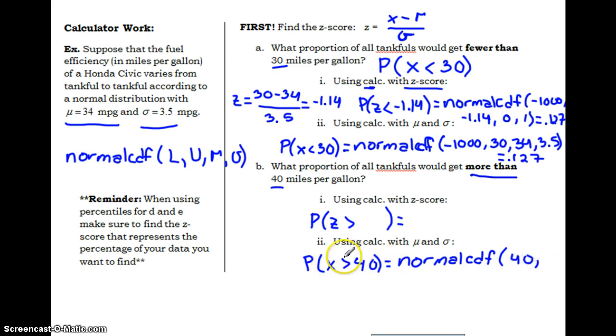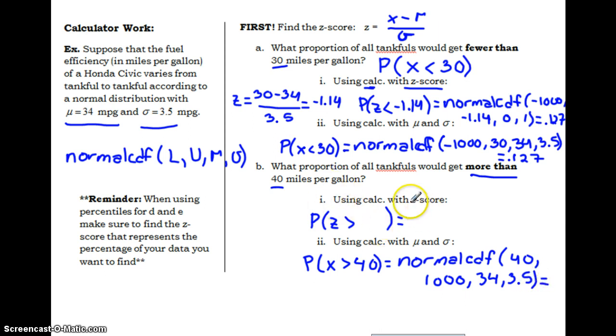And how much higher can I go than 40? I can go up to infinity. So I'll use positive 1,000 this time. And then I have to use my mean, which is still 34, and my standard deviation, which is still 3.5. Okay, so that one is already set up and ready to go, and I can try that in my calculator.